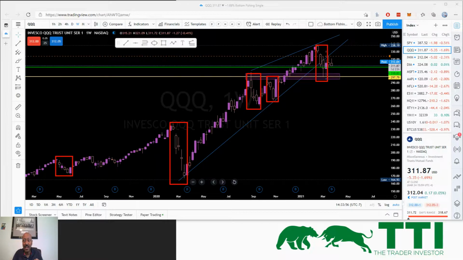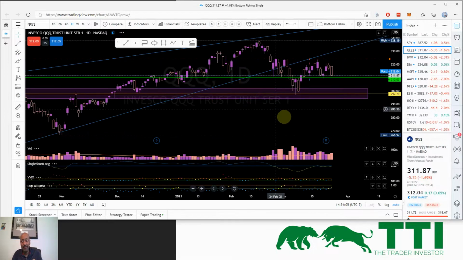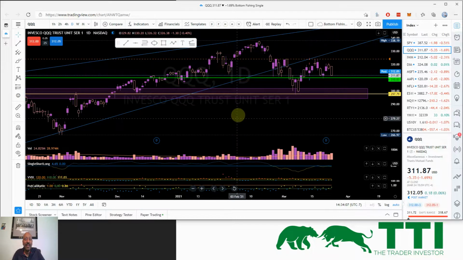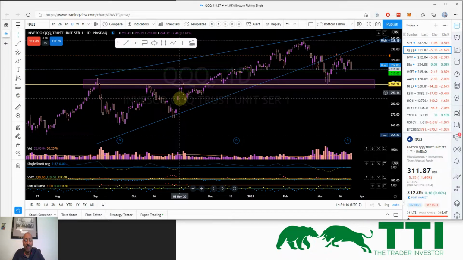And when we go to the daily, you'll be able to identify some additional things in here. As we look at the daily, I have here down here an area of value. This has been support and resistance over a few prior weeks.